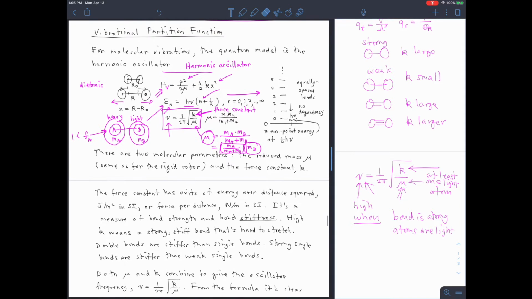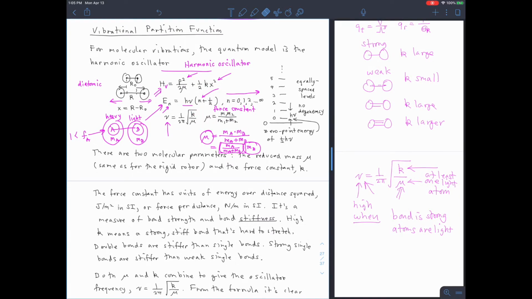All right. Why are the frequencies important? Well, because they control the sizes of the gaps between the levels. So if we look at the energy levels here over on the right, then this set of energies gives a uniformly spaced ladder.